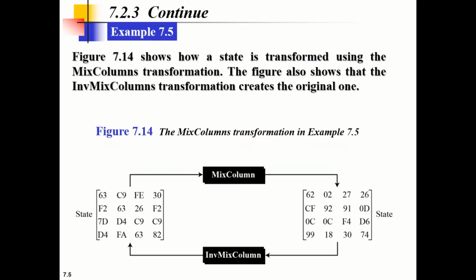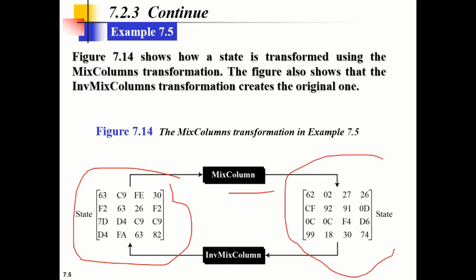This is an example of mixing a state, wherein this is the MixColumns step performed at the encrypting end. After using that constant matrix and considering the state column by column, we get this state as a result. And after we apply the InverseMixColumns operation, we get back the original state. So this is how the mixing is done.